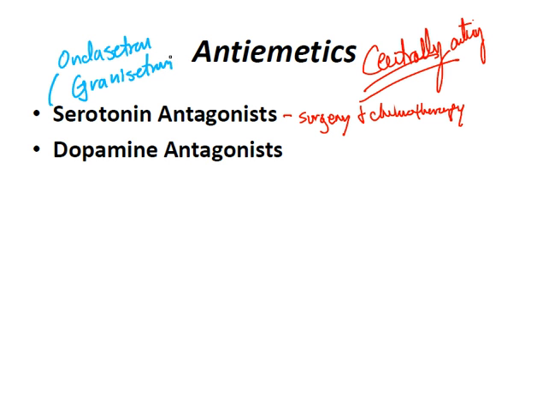Some side effects may include headaches and constipation. What about dopamine antagonists? They inhibit the D2 receptors and are indicated more for general use. Some examples include chlorpromazine and prochlorperazine.